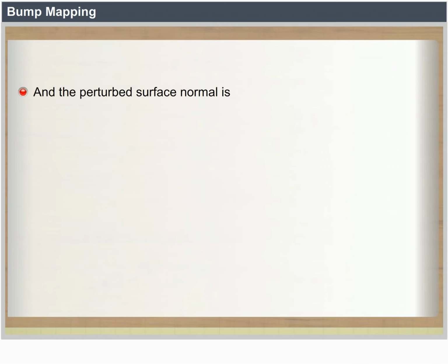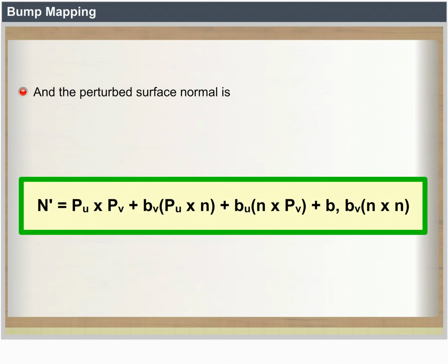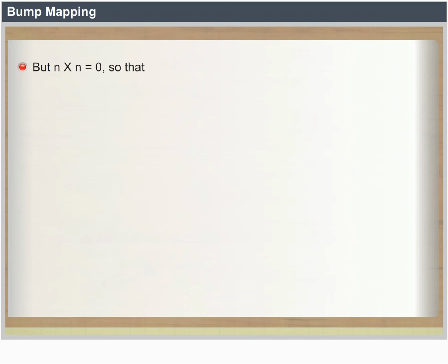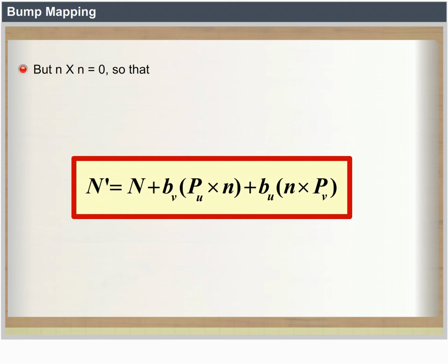And the perturbed surface normal is N' = Pu × Pv + Bv (Pu × n) + Bu (n × Pv) + Bu Bv (n × n). But n × n is 0, so that N' = N + Bv (Pu × n) + Bu (n × Pv).